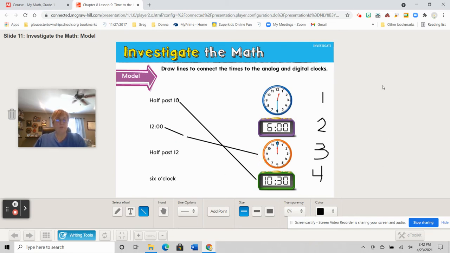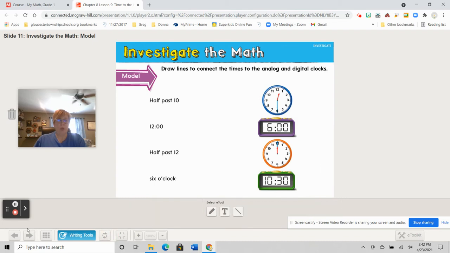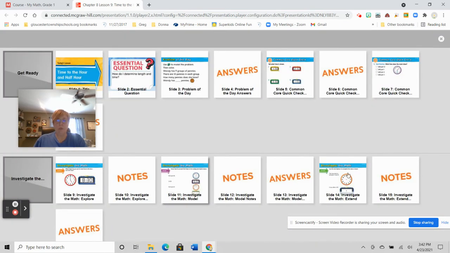So far you've written number 4, then number 3. Which clock shows 12:30? Number 1. Okay, so that means that 6 o'clock should be clock number 2. Okay, good job. All right, let's continue.